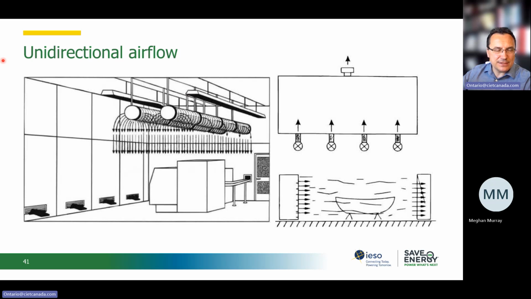Unidirectional airflow has a similar intent: to control the airflow in one direction and then try to eliminate the higher concentration pollutant from the space so that we can provide this exhaust function here at a lower volume for the space.